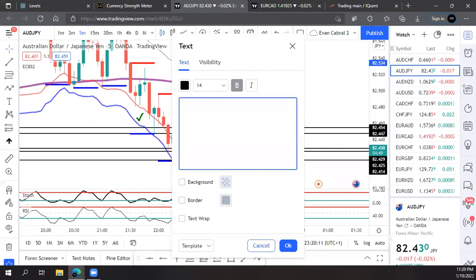When are the best times to be taking the trades? O'clock, what else? Yeah, the 1 hour is o'clock. 15, 30.